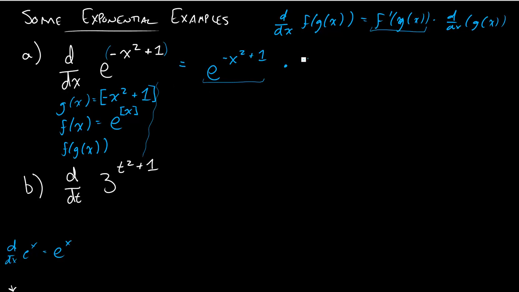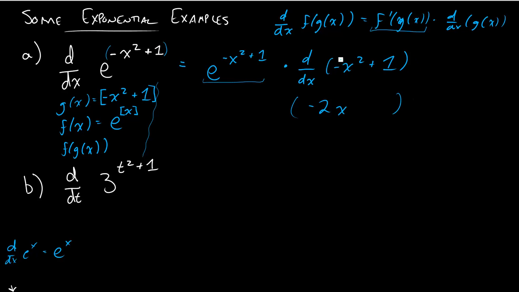You need to multiply it by the derivative of the inner function, which I figured out was negative x squared plus 1. And so the derivative of the inner function here is actually just negative 2x. And you could write plus 0, but you don't really have to.